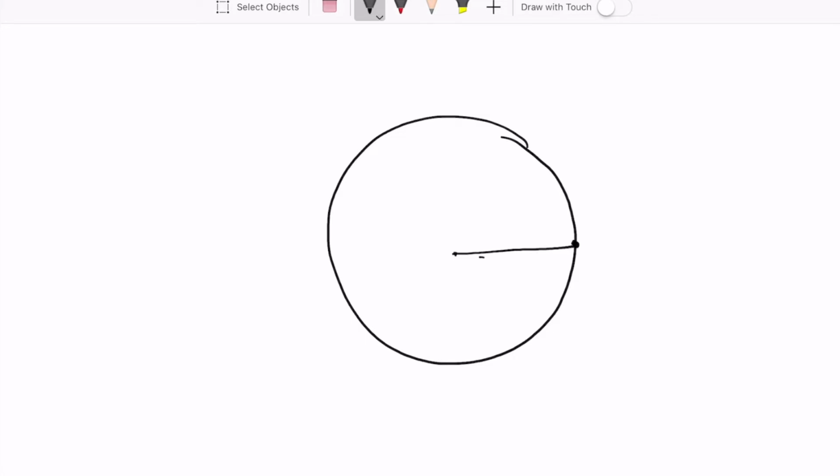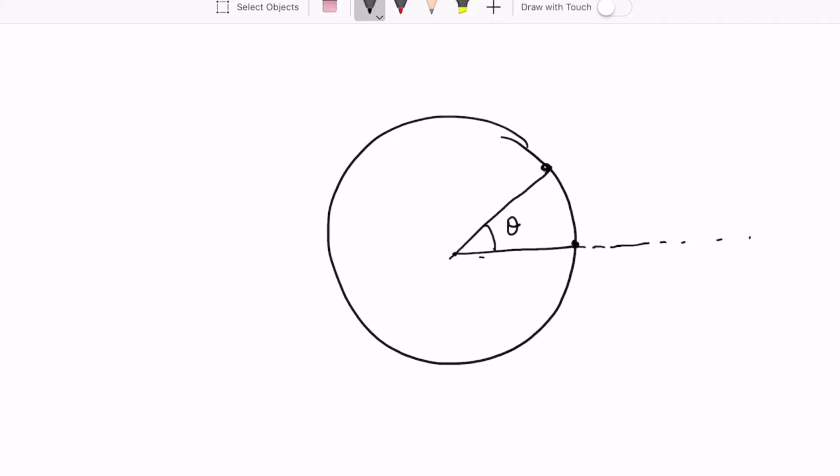So suppose our reference direction is the x-axis and the object is over here. Then we only need to keep track of this angle. Right? So this angle that the radius vector of the object makes with respect to some arbitrary reference direction is called the angular position. Okay, so theta here is our angular position.